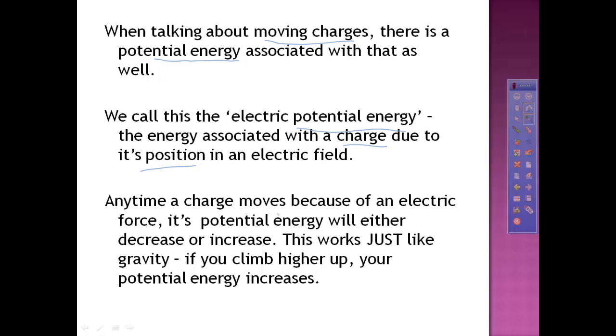So whenever a charge moves because of a force, its potential energy is either going to decrease or increase. And this works just like gravity. If, like I said before, you climb higher up, your potential energy increases. If you go down, your potential energy decreases. Your potential energy depends on your position. The potential energy of a charge depends on its position too.